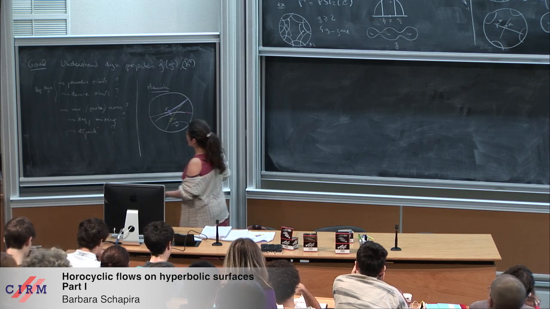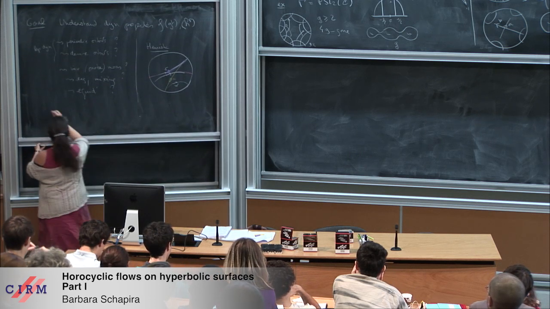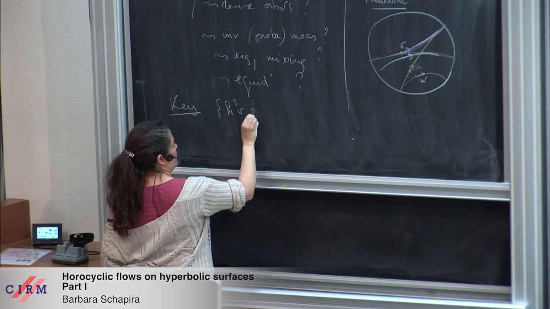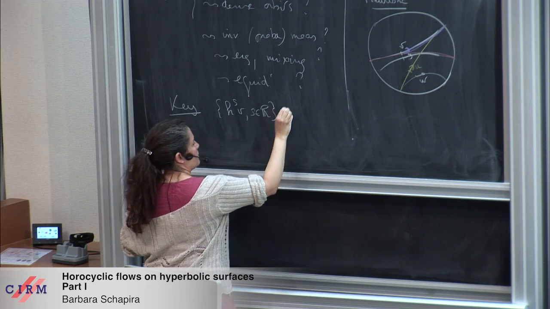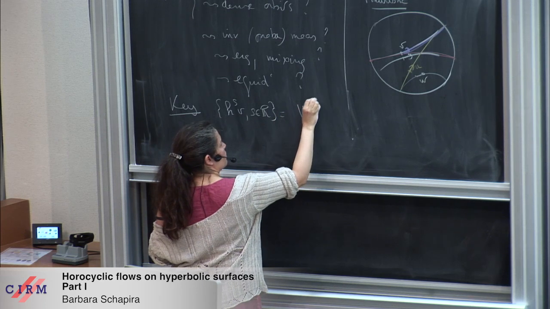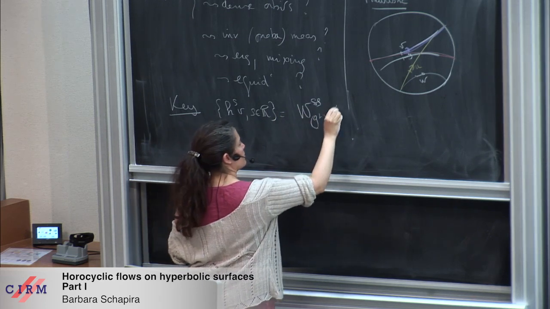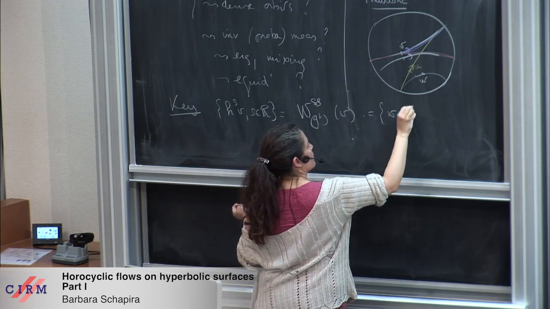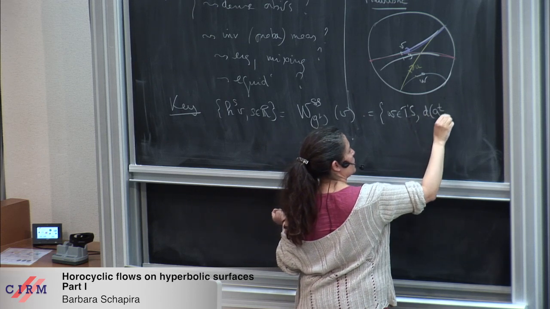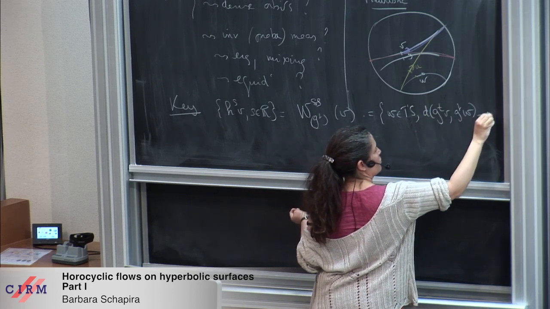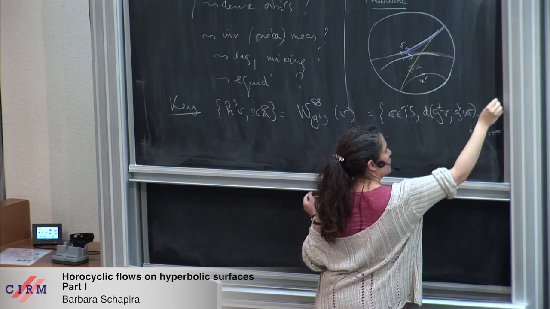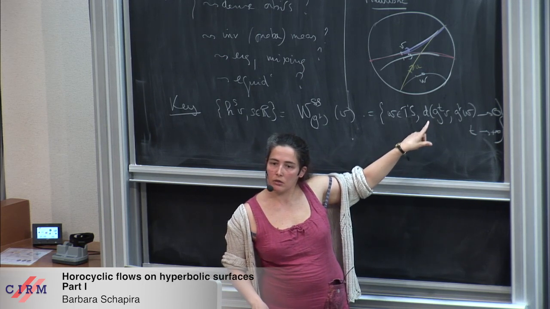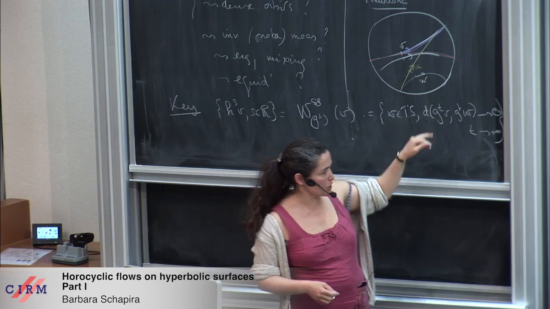But I will just repeat that the key property is that the horocycle orbit of a vector V is exactly the strong stable manifold for the geodesic flow of the vector V, that is, by definition, the set of vectors W such that the distance from g_t V to g_t W goes to 0 when t goes to infinity. It's almost the same definition as Frederick's. He looked at the distance between the base points, but in hyperbolic geometry it is equivalent.